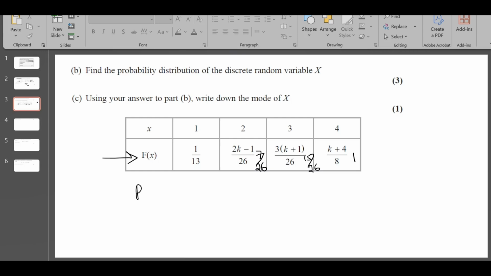To find the probability p of x, or you can write it as p of X equals x, it doesn't matter. The first probability will always be the same in both the probability and the cumulative.